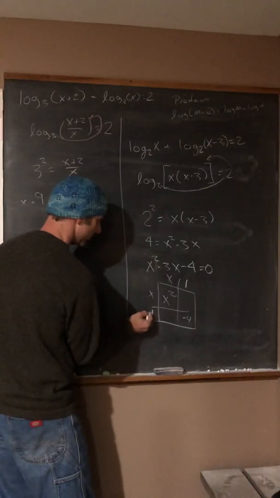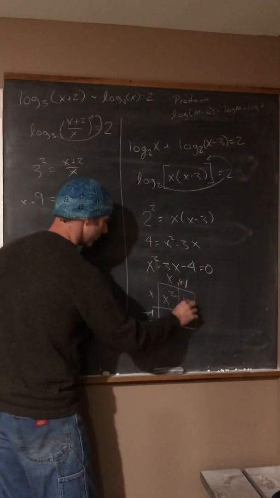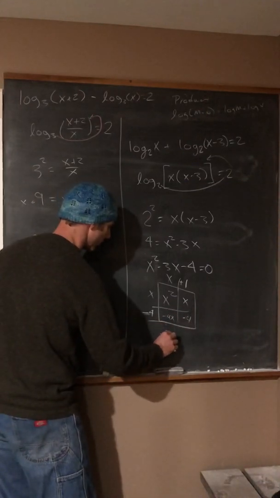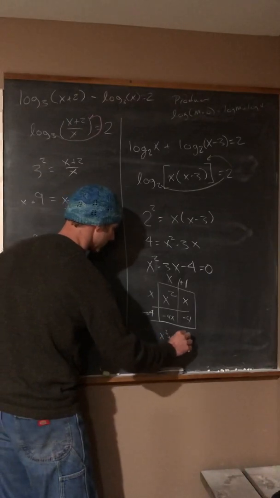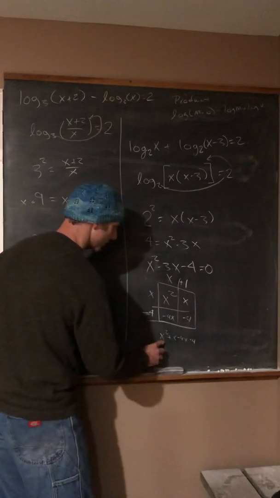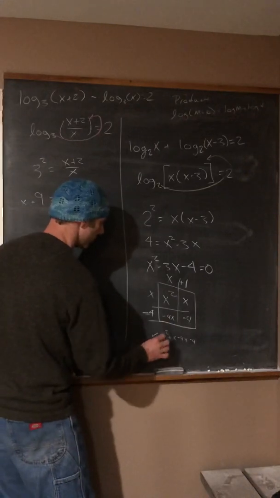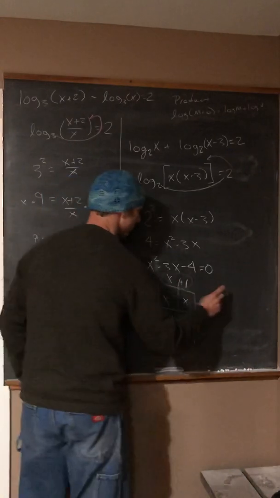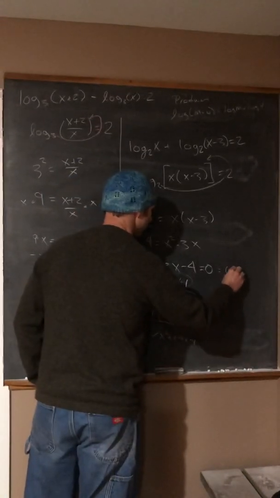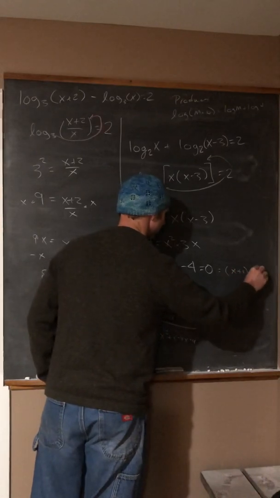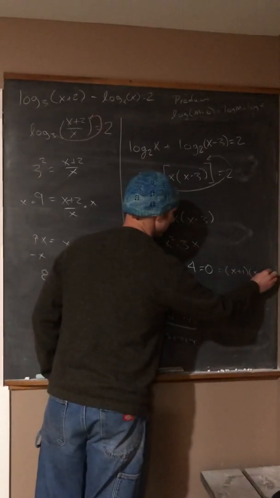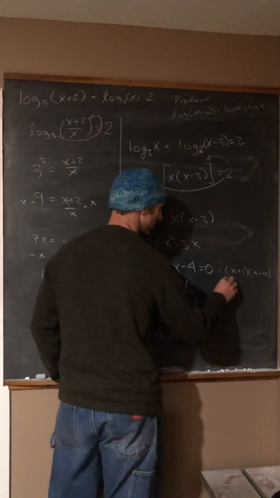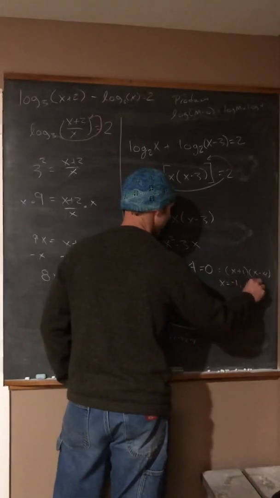I want negative 3, so negative 4 plus 1, x, negative 4x. Let's check our work: x squared plus x minus 4x minus 4, x squared minus 3x minus 4, it's good. Then my factors. Zero product property, x equals negative 1 and x equals 4.